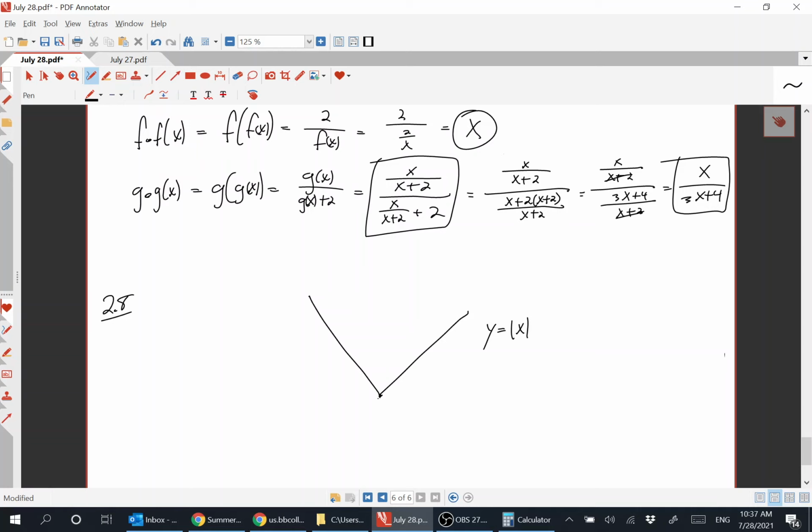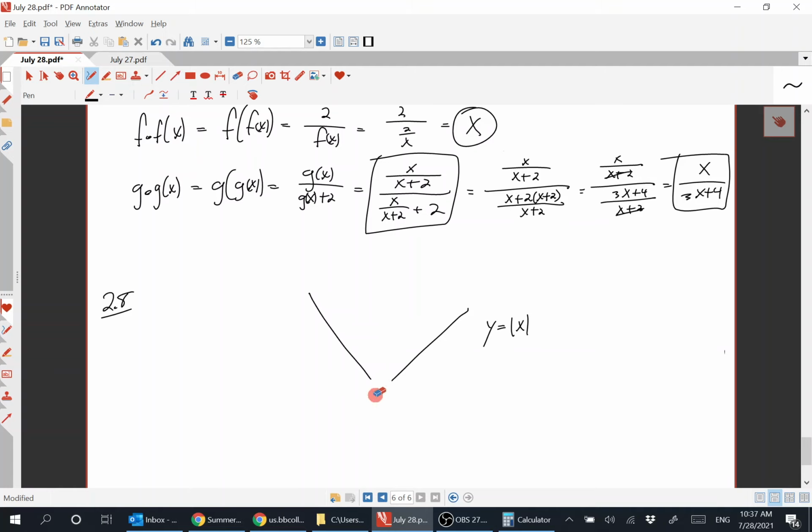But polynomials, rational functions, exponential functions never do. They're always nice and smooth. All right, that was just a side note.